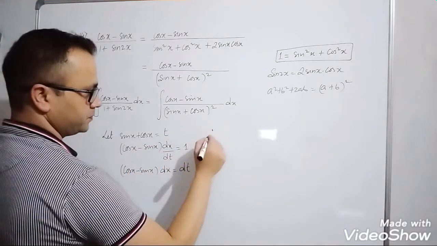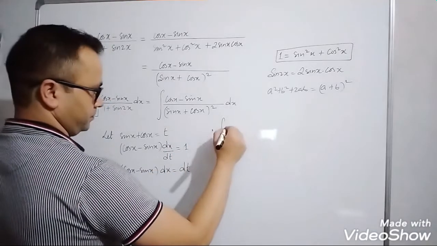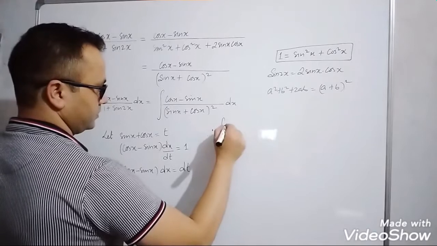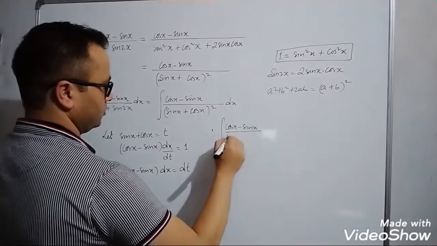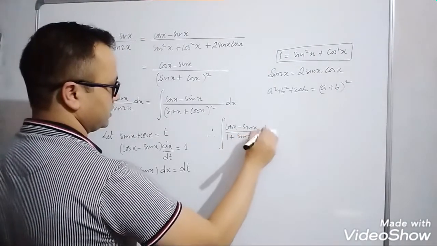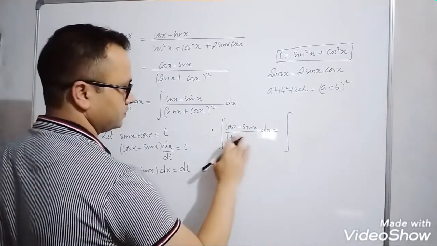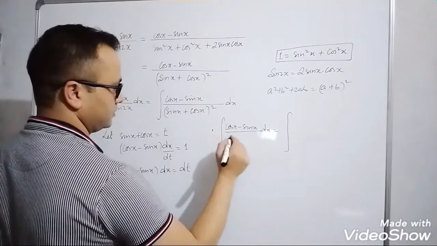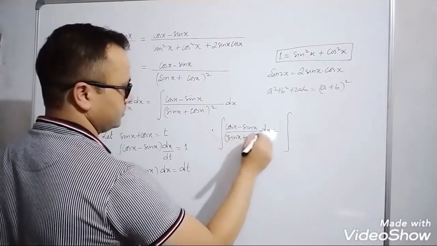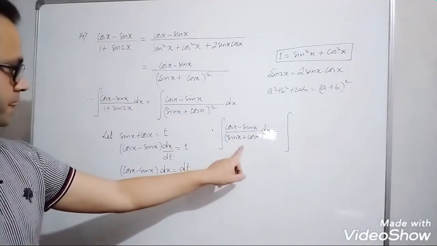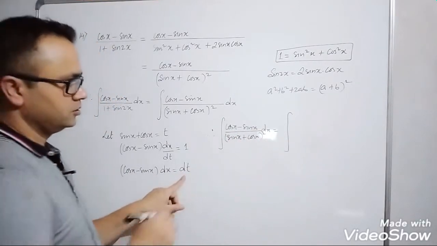Therefore, the integration of cos x minus sin x by 1 plus sin 2x dx equals, writing here sin x plus cos x whole square, cos x minus sin x dx is dt.